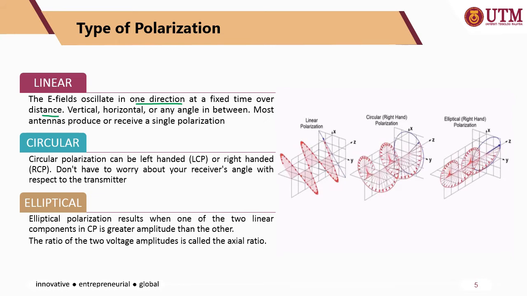So the linear polarization may be vertical, horizontal, or any angle in between. Any angle in between is something like the slanted. So we have this one, this is the slanted. Okay, so this is categorized as linear polarization.